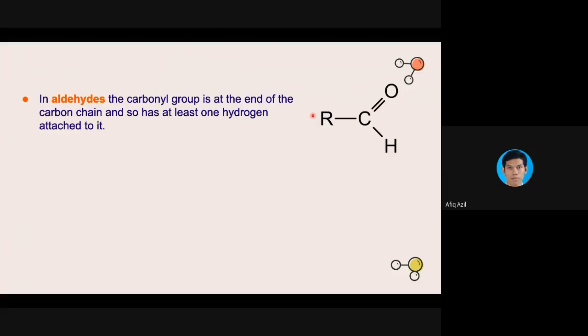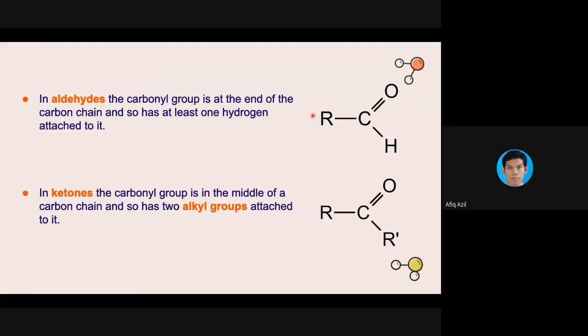So that is aldehydes. For ketones, both sides of the C double bond O, the carbon that is bonded to the C double bond O must be an R group. Meaning that the carbon is not bonded with any hydrogen.